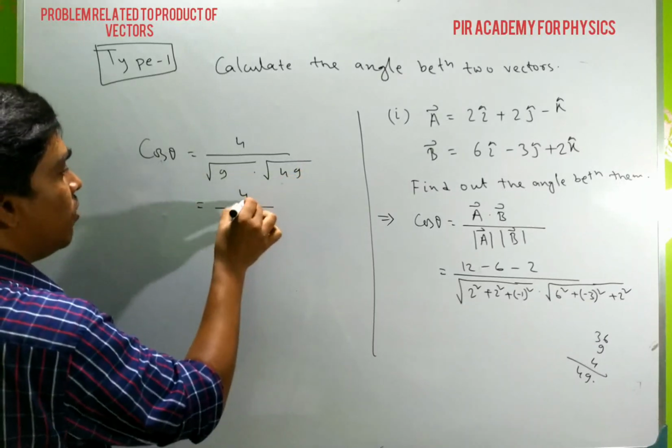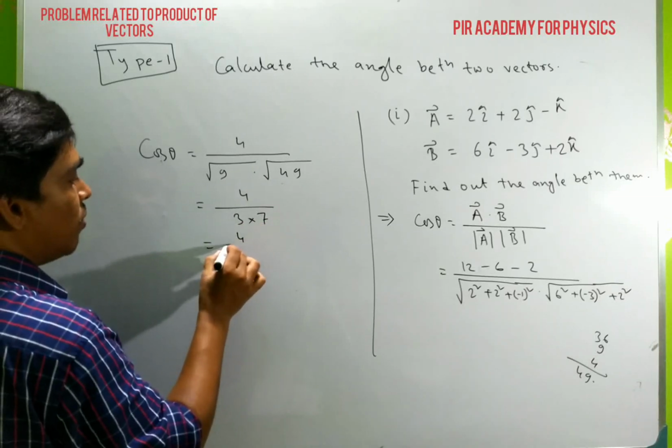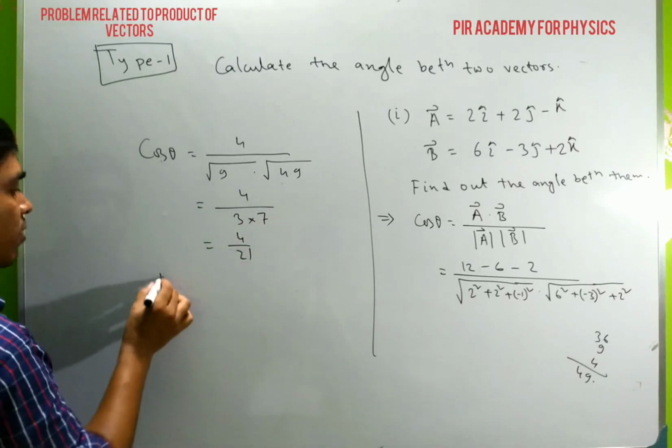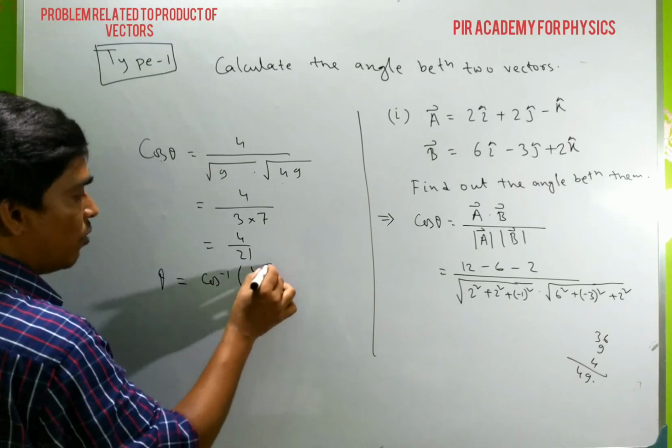That means 4 divided by 3 into 7, that means 4 by 21. So theta equals cos inverse 4 by 21.